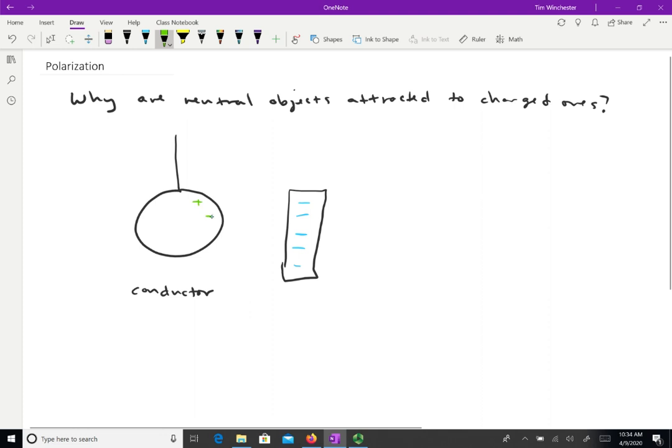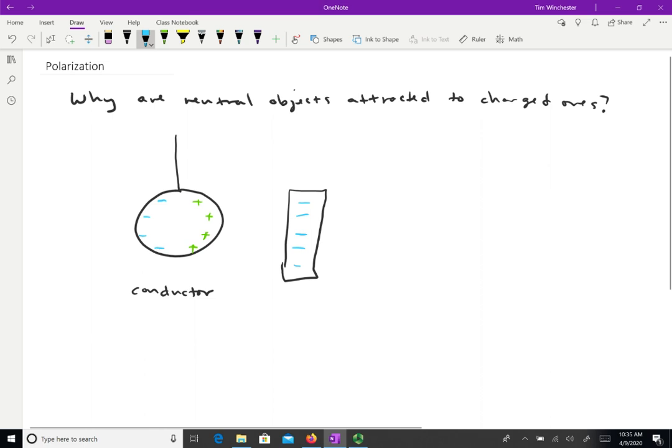So we'll get these positive charges that will build up on the side closest to the negatively charged object. And negative charges are going to want to be repelled, so they're going to move as far away as they can get from the negatively charged object, like this.